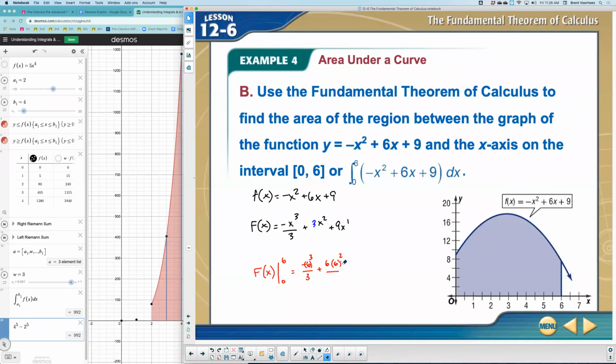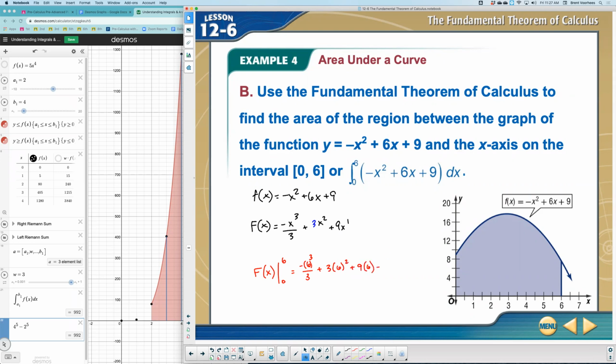Which is going to now reduce this portion right here. I'm going to fix this over here, that looks pretty ugly. Put that there and the negative up front. We will now have 3 times 6 squared plus 9 times 6.